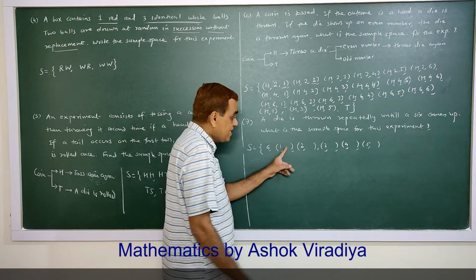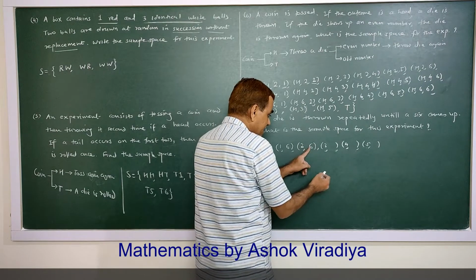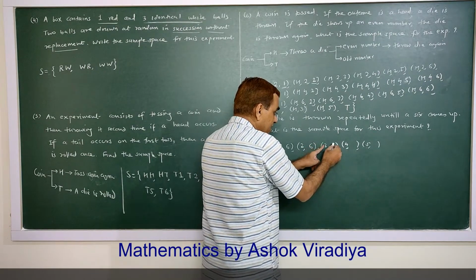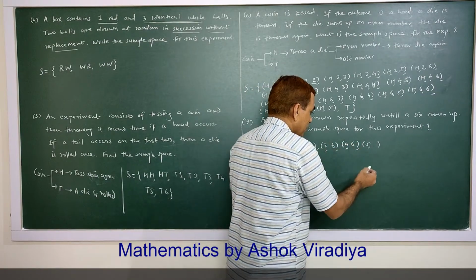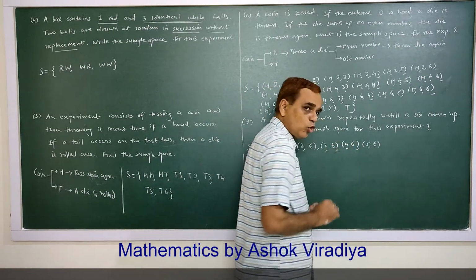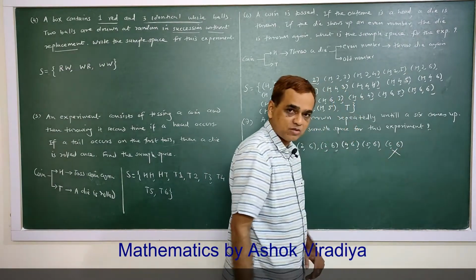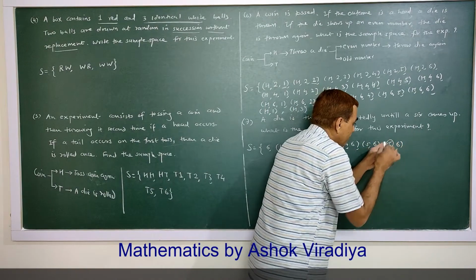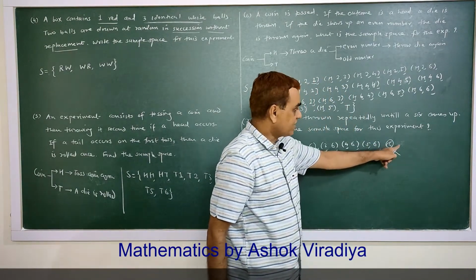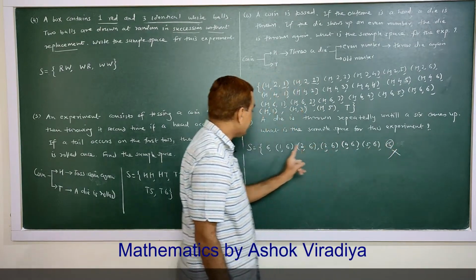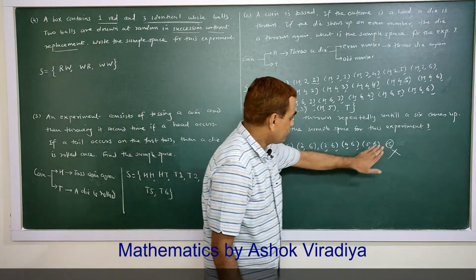If the second time 6 appears, the experiment is over. With 3, then 6, over. First is 4, second is 6, over. First is 5, second is 6, over. If first is 6, second 6, this is not allowed, because on the first toss, if you obtain 6, then the experiment is over. Don't toss again, and so this outcome is already included as the first outcome. So this is the procedure.